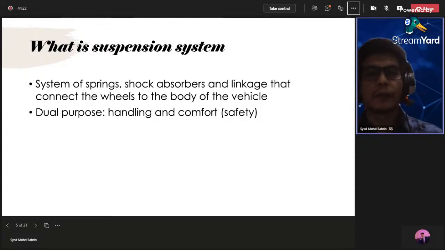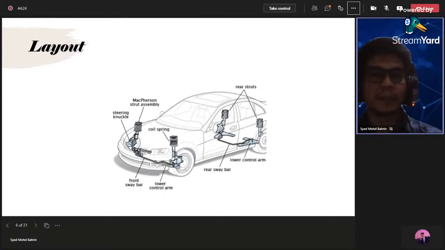All right. So this is one example of the layout of a suspension system installed in a vehicle, and this one is for a car. Generally we have 2 ways of doing it: dependent and independent suspension systems. The one that we have most of the time is independent. Independent means they are installed at each individual wheel and work independently with respect to the road conditions and the dynamics of the vehicle.